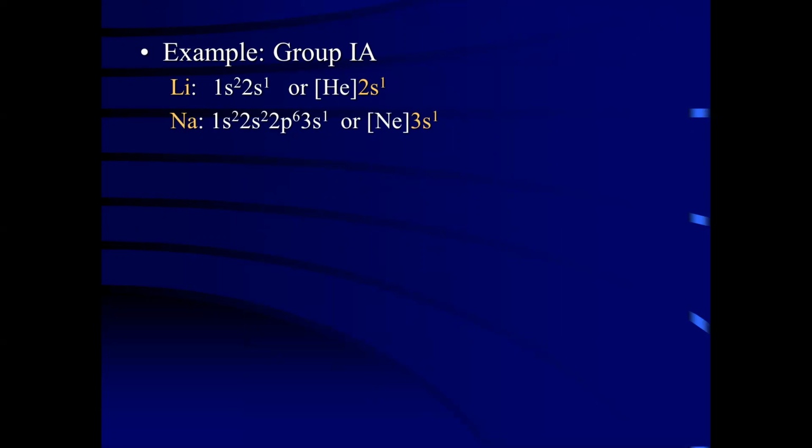The reason why it's like that is, for group 1, if we use the method we learned before, these electron configurations all have the noble gas as a core, and then they end up with this one.